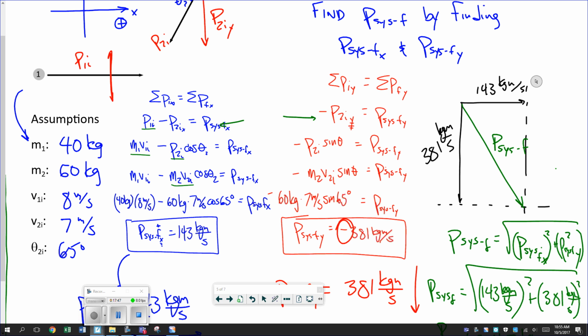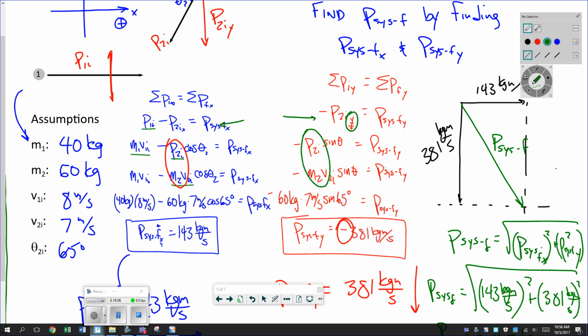Okay? And this one's a little bit harder because we have to write momenta in terms of m's and v's. And it can be tricky to know, wait, there's a y subscript here but not here because we're expressing how big the y component is, or expressing how big the x component is.